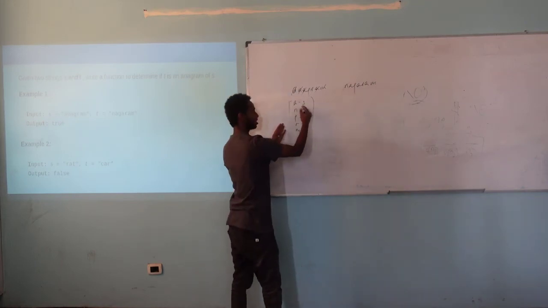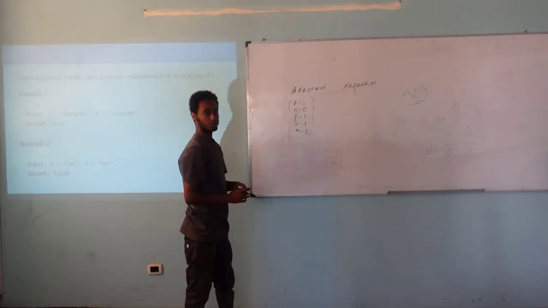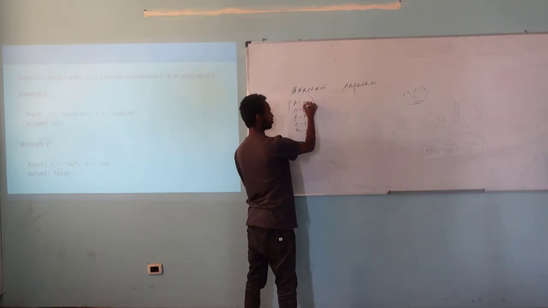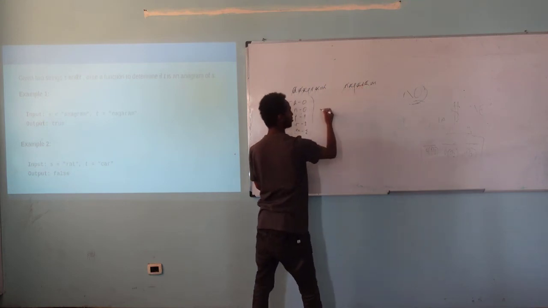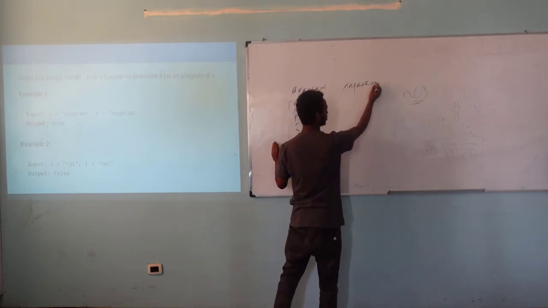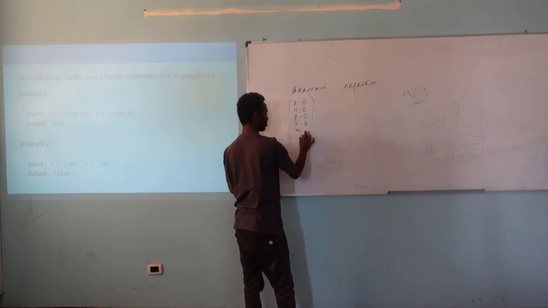If the character doesn't exist, I will break the loop and return that they're not anagrams. Eventually it becomes 0. G will also be 0, and for A, for R, they all become 0.